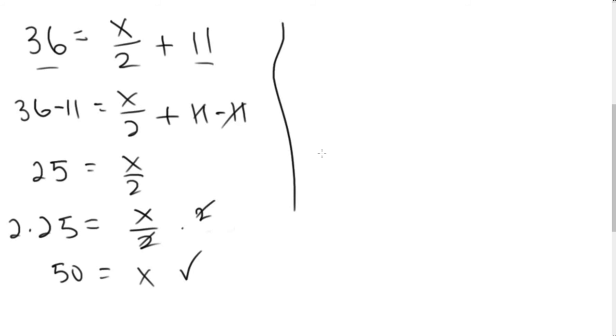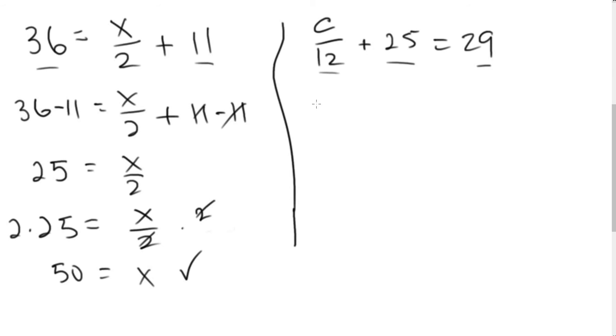Try the following example. c over 12 plus 25 equals 29. Pause the video. Absorb what I said on the first example and do the same thing for the second example. If you said your thought process was you have to subtract 25 to get it over to that side, then you're going to have to multiply by 12 to get rid of that 12.